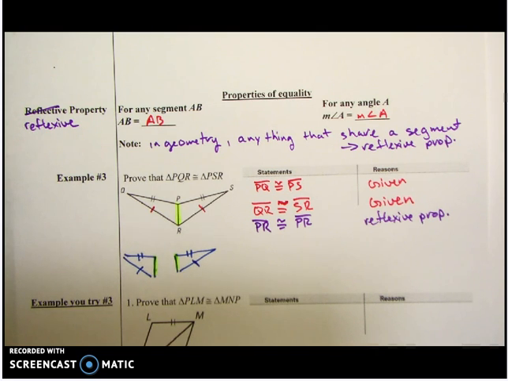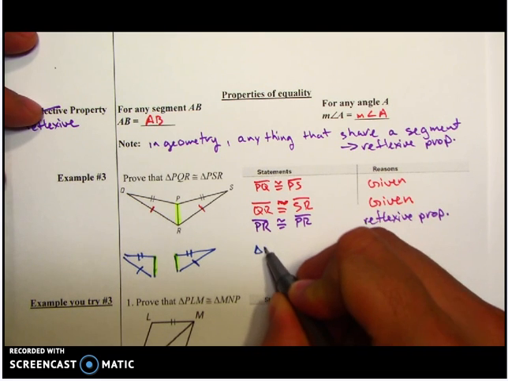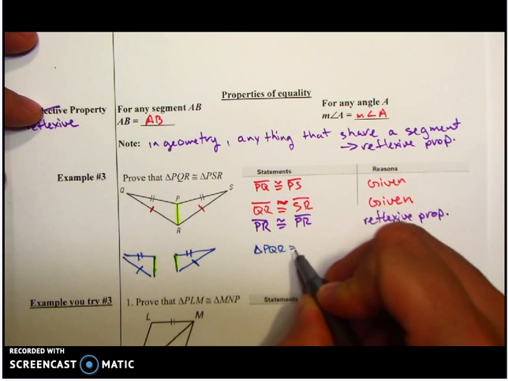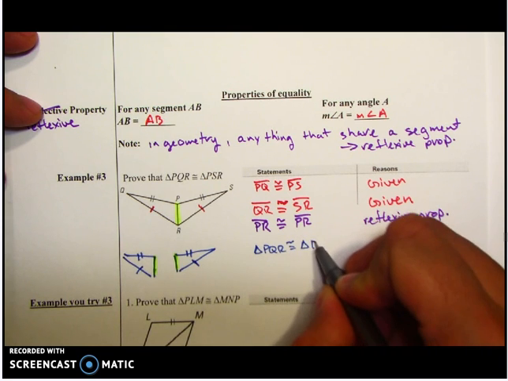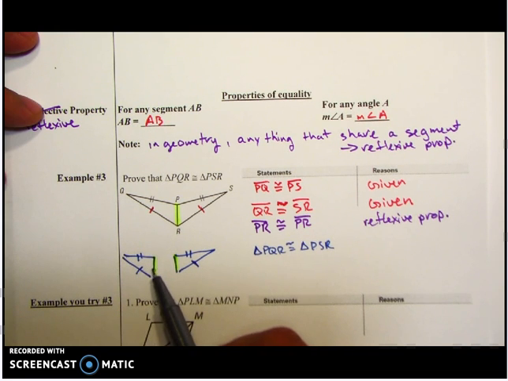So now, how much information do we have? We have 3 pieces of information now. With those 3, we can go ahead and prove that triangle PQR is congruent to triangle PSR. And the reason is side, side, side.